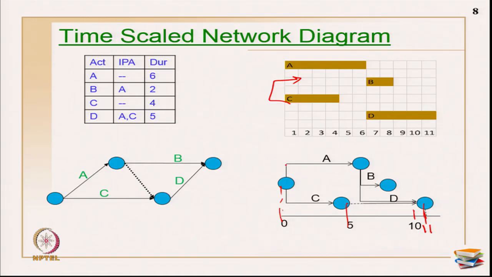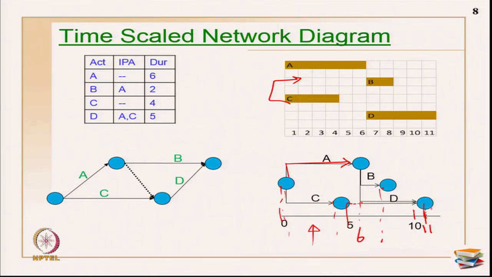Now activity A is shown here, which is like this, this implies A takes from 0 till 6. Now if you see here, C is starting and goes till here, it is less than 5, so this takes a 4-day duration, and B takes a 2-day duration which is shown here, and after A and C it is also shown with the dotted lines, 2 links are coming in.